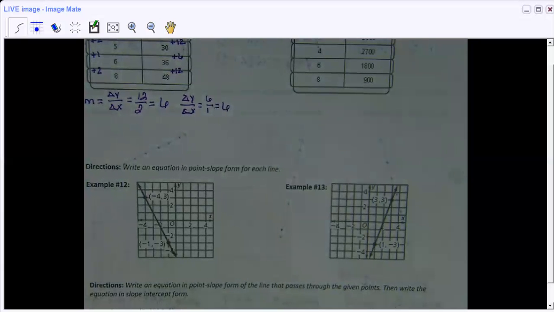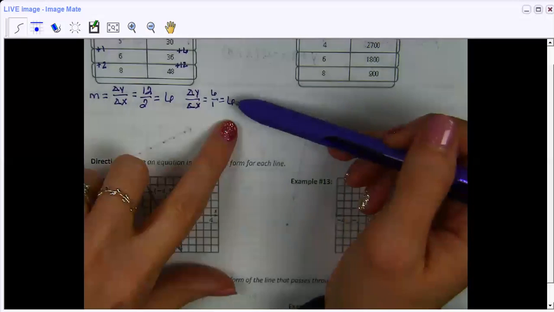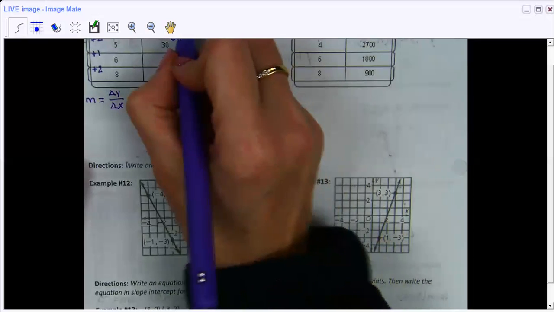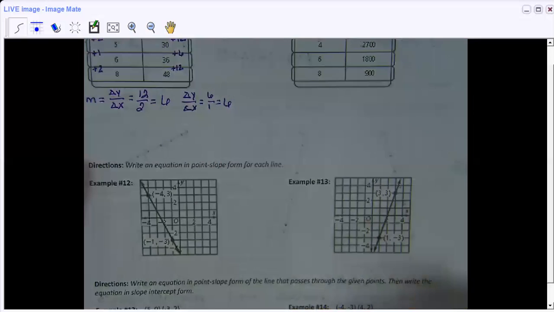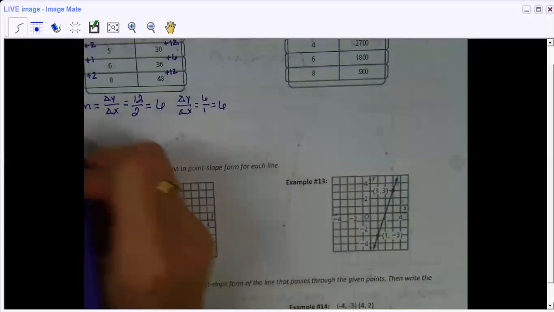So now what we're going to do is take the slope and one of these points. We're going to use 3, 18 because 3, 18 is the smaller numbers, okay? And we're going to plug that point and the slope into the slope-intercept equation. So let me just write this here.